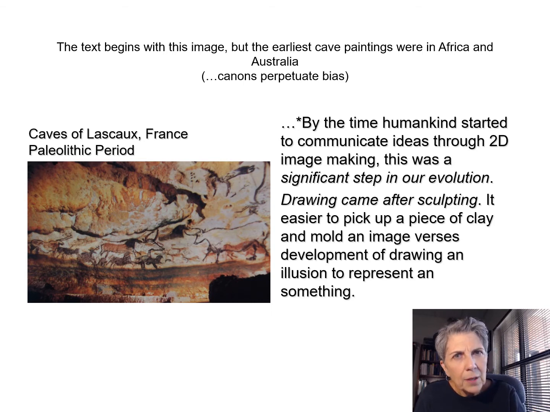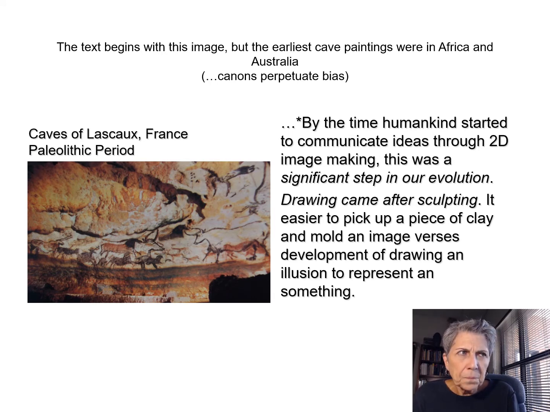They were in Africa, on the continent of Africa and Australia. So I think that's important for us to always look critically at what we're studying, and think about some other possibilities. And you always need to think critically about what's being presented.